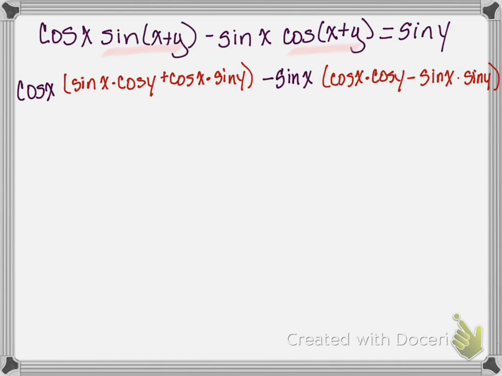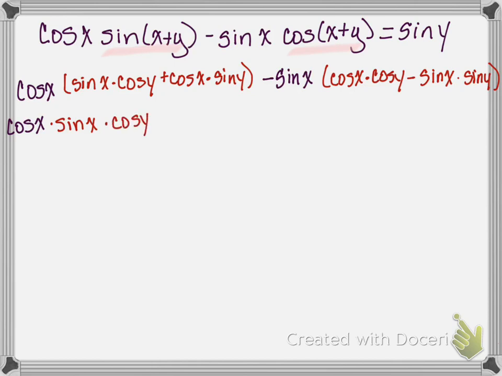Okay, now just like we did in our last one, we are going to distribute this cosine of x. Now I'm going to try to do this in different colors just so we can see what was being distributed. So I have cosine of x, and I am multiplying that times sine of x times cosine of y.